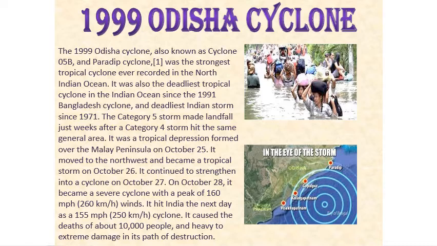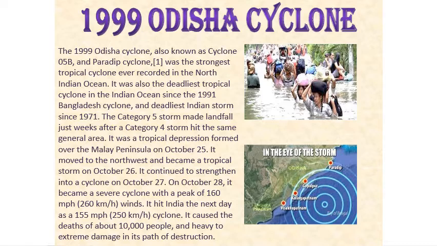It is also known as Cyclone 05B and Paradeep cyclone. It was the strongest tropical cyclone ever recorded in the North Indian Ocean. It was also the deadliest tropical cyclone in the Indian Ocean since the 1991 Bangladesh cyclone and the deadliest Indian storm since 1971. The Category 5 storm made landfall just weeks after a Category 4 storm hit the same general area.